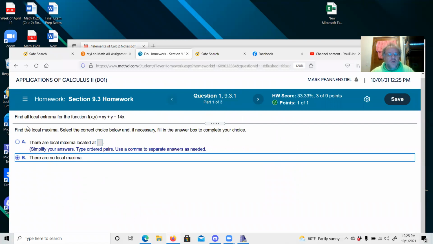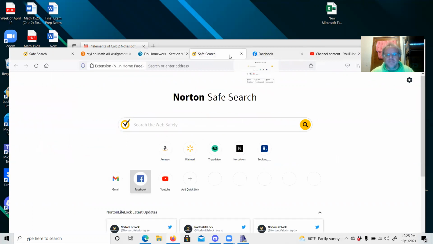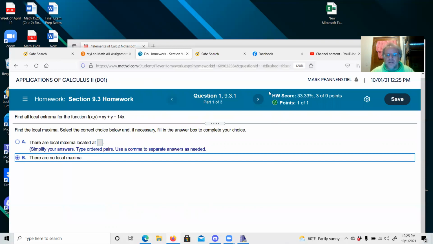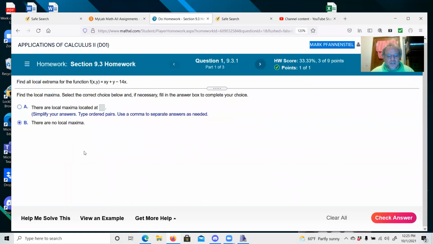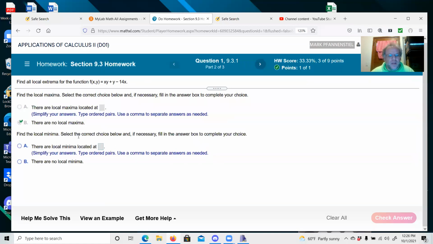So find the local maxima for the choice below. There are no local maxima. So we look for maximums, there aren't any. Let's see here. Check it. Okay, no. Check answer. Great.